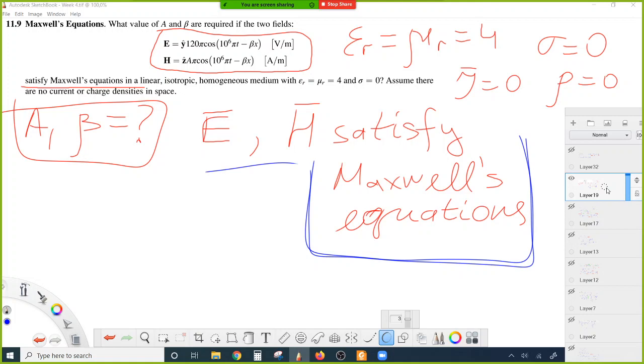And we have the constants A and beta in these two fields. We are interested in the values of A and beta so that these two fields satisfy Maxwell's equations.